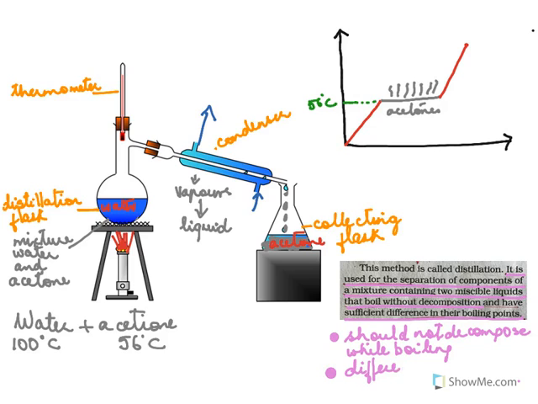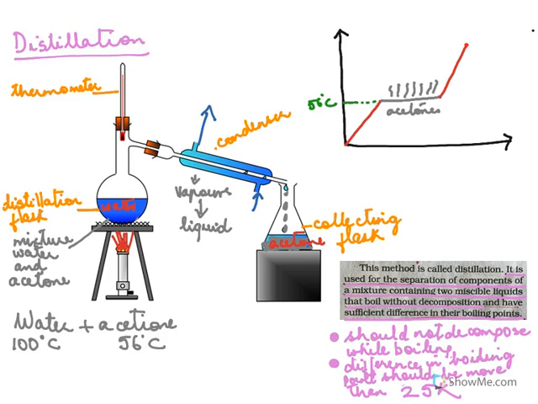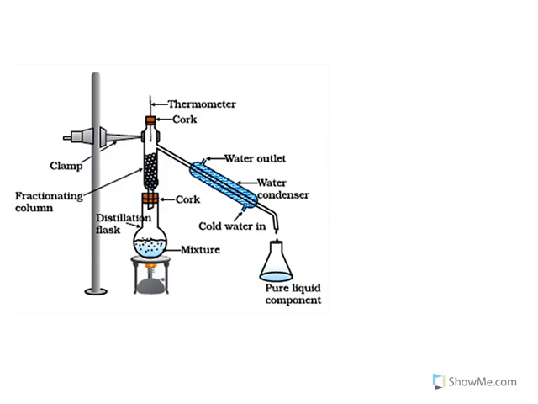In fact, the difference between their boiling points should be more than 25 Kelvin. If the difference in the boiling point is very small, less than 25 Kelvin, we cannot use this method of distillation. We use something called fractional distillation. So distillation can be used only when the liquids do not decompose easily and the difference in their boiling point is more than 25 K.